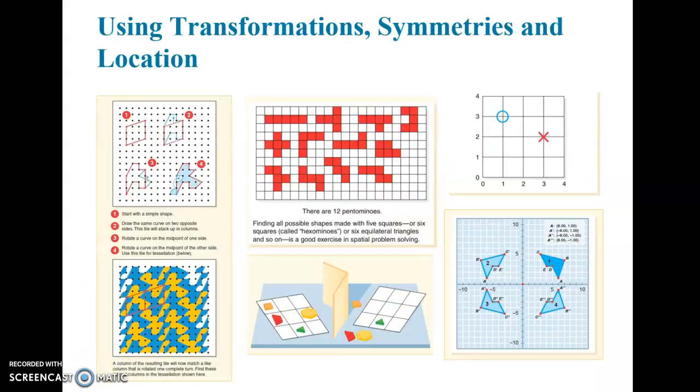As another example, you can have students draw a shape on dot paper, then draw a curve along one side that might be translated or slid to the other side. Another idea is to draw a curve from the midpoint of one side to an adjoining vertex. This curve is then rotated about the midpoint to form a totally new side of the tile. As you can see on the left, here's an example.